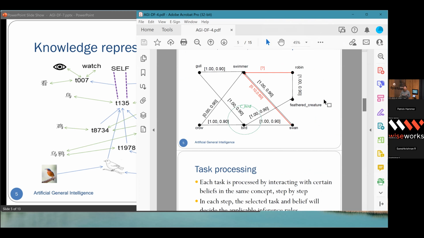You just have a weighted directed graph. Every node is a concept named by a term, and every link is an inheritance relation, which can be either an active one, like a task, or a passive one, which is what we call a belief. The memory is just a huge network like that.